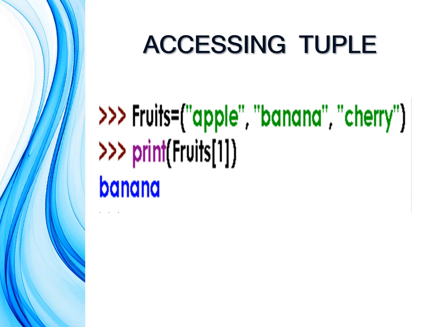As we know that index starts with 0, the index of apple will be 0, banana will be 1, and cherry will be 2. In this example, we are printing the value present at index 1, and we'll have the output as banana, that is listed at index 1.